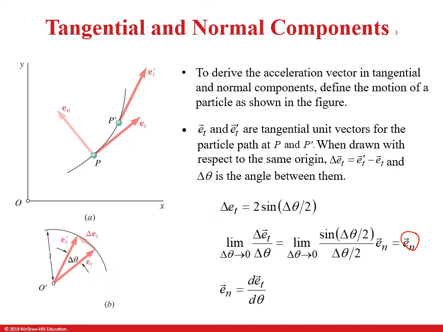So essentially, to calculate the unit normal vector, it would just be the derivative of the tangential unit vector with respect to theta, this being theta here.